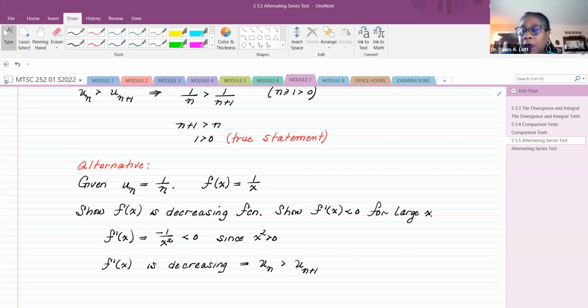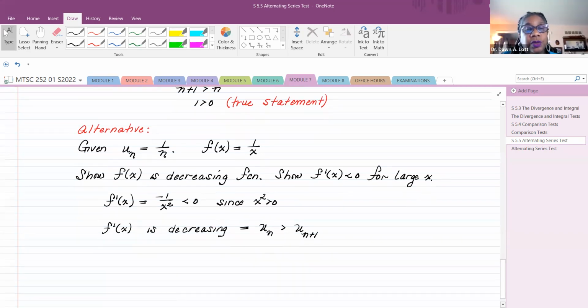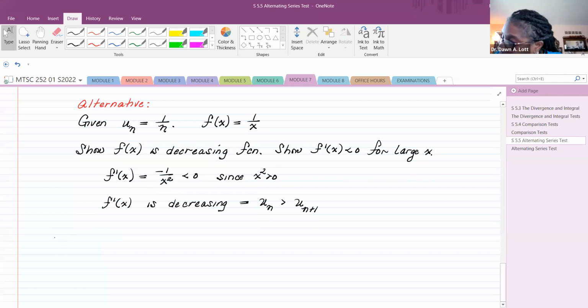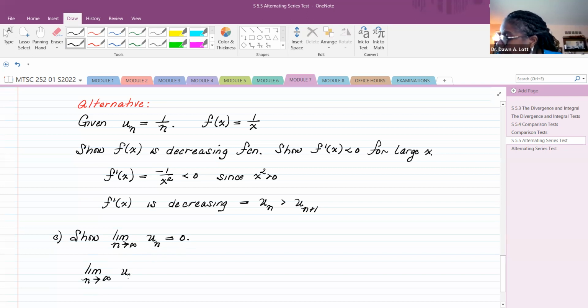Okay, all right, so we've shown number 2, and then the last part is we need to show that the limit as n approaches infinity of u_n is actually 0. So if we take the limit as n approaches infinity of u_n, that is the limit as n approaches infinity of 1 over n. Oh, well, we already know that's 0.